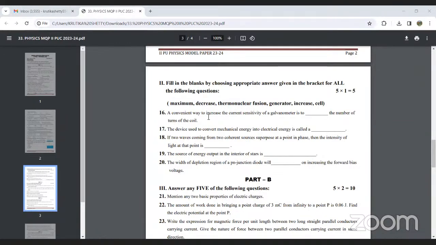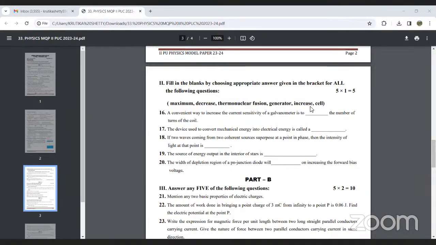A convenient way to increase the current sensitivity of a galvanometer is to dash the number of turns of the coil. So the options are maximum, decreases, thermonuclear fusion, generator, increases.